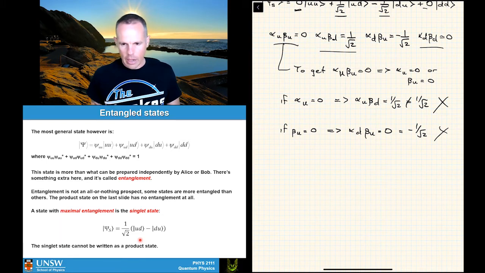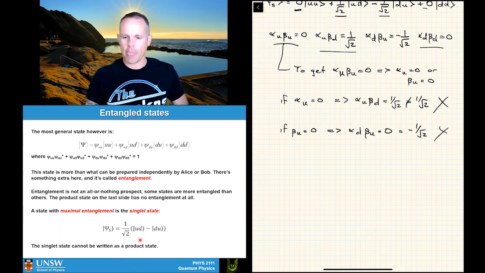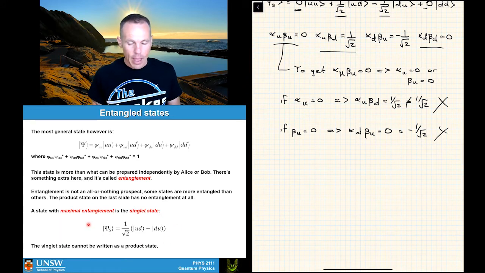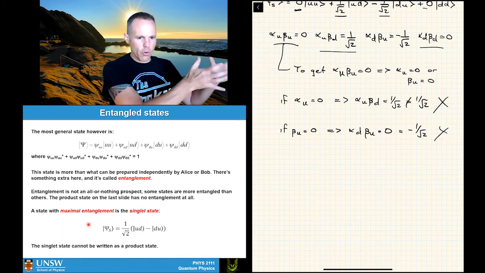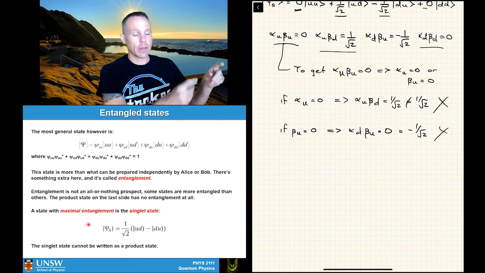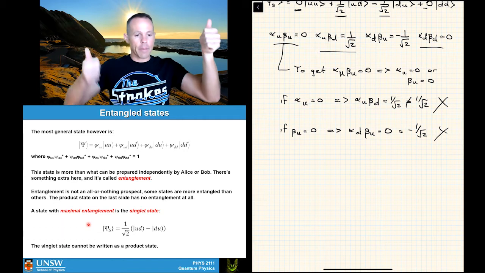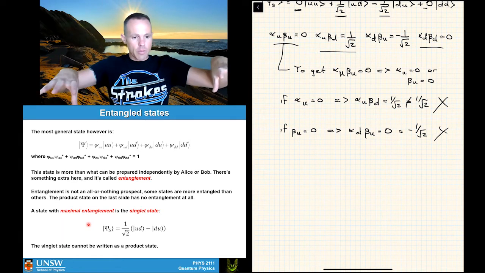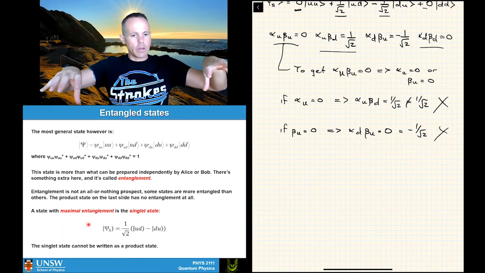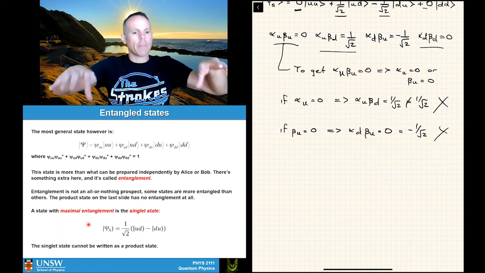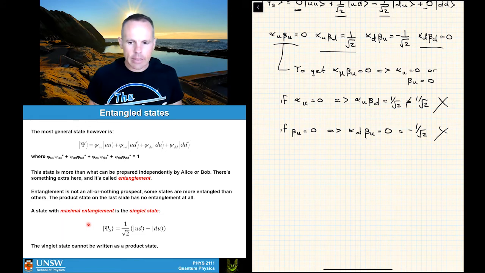But what we're seeing here is basically a state that cannot be factorized, so it's got correlations, and it's basically the quantum mechanical equivalent of the first classical correlation experiment that we saw Charlie do. Charlie takes a spin up and a spin down, or he could take the opposite, whichever one, puts them into a system in a way that Alice and Bob don't know what the states of the system are, and passes it to them.